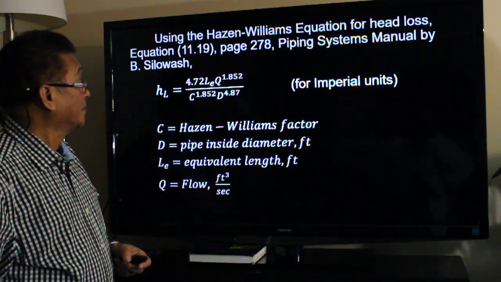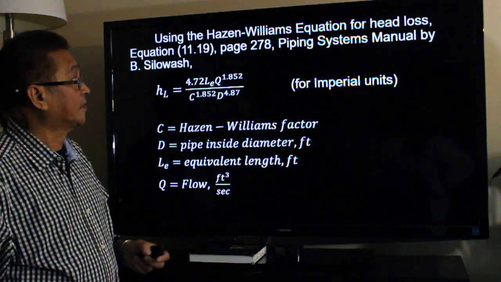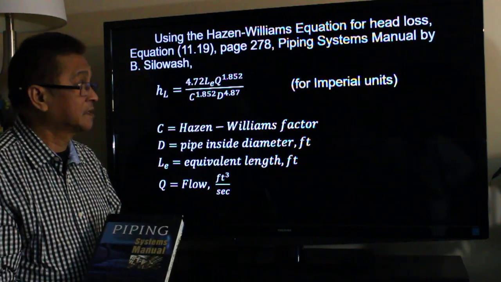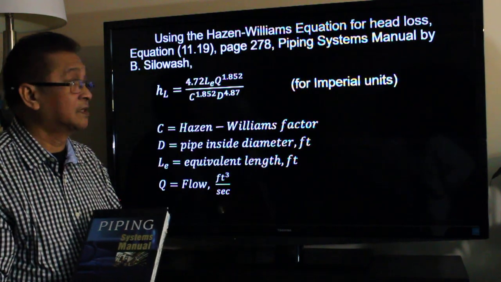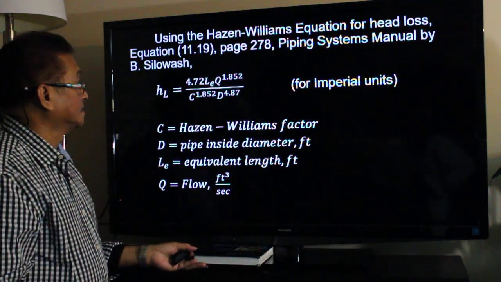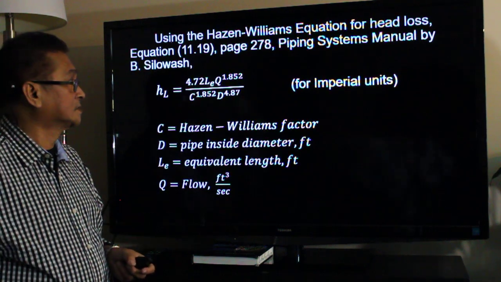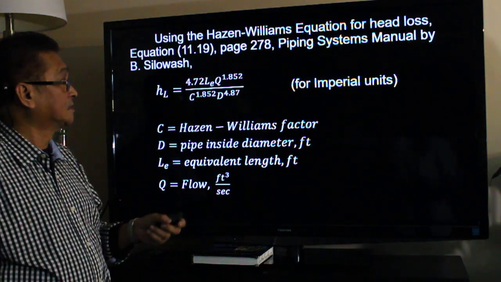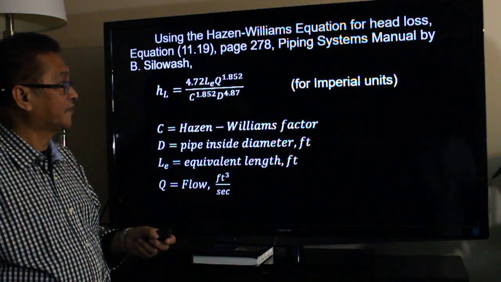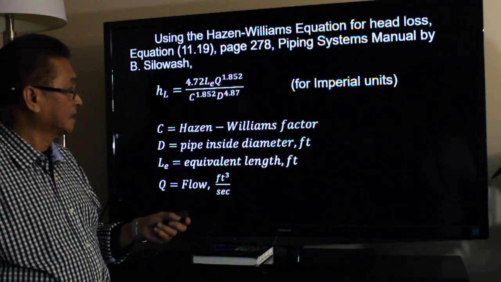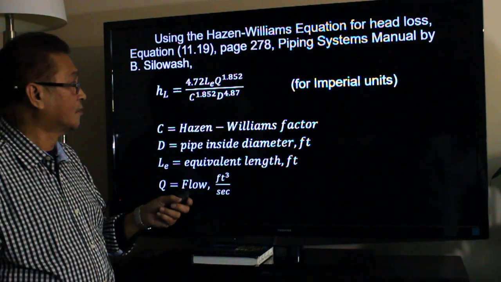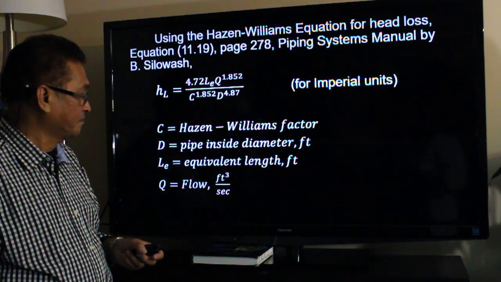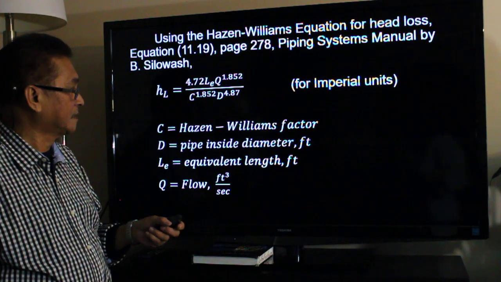Using the Hazen-Williams equation for head loss, which is found in equation 11.19, page 278 of the Piping Systems Manual by B. Silwash, we have this equation for the head loss: 4.72 times the equivalent length times the flow raised to the power 1.852, all over C, which is the Hazen-Williams factor, raised to the power 1.852, times D raised to the power 4.87, where D is the pipe inside diameter in feet.